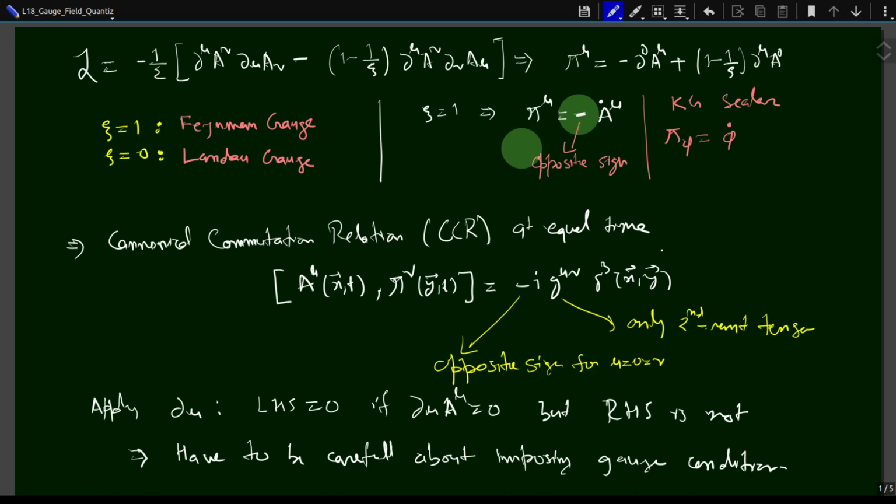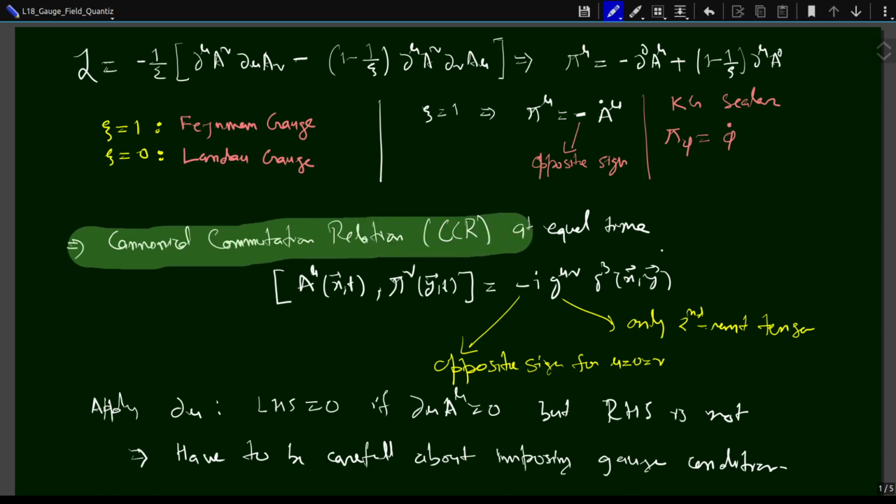Now we can write down the canonical commutation relation at equal times for A_μ and π^μ, because when these two are elevated to operators, one can write this commutation relation, and π^0 is non-zero, so of course I can write it.